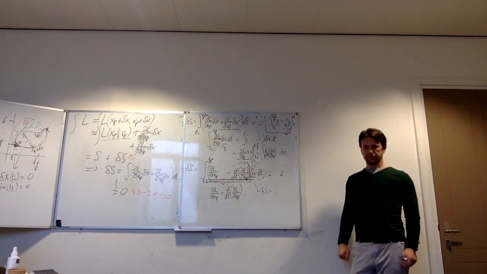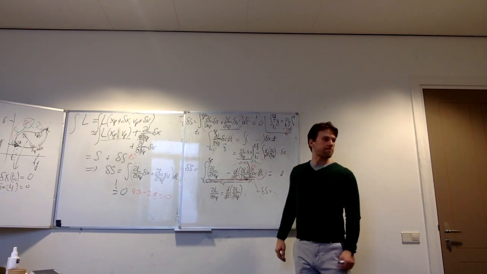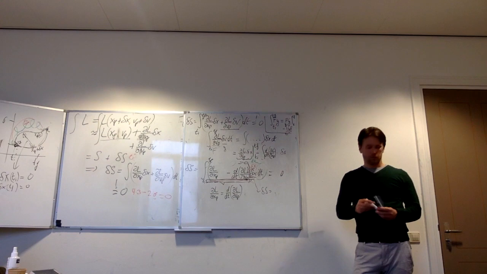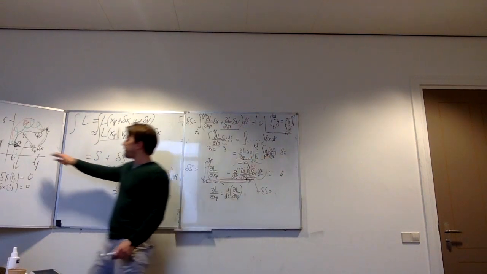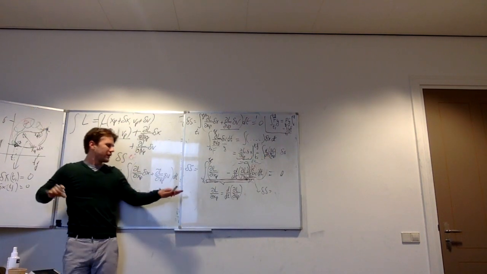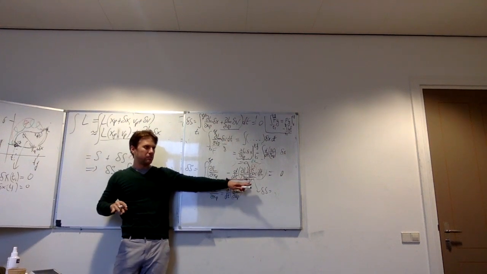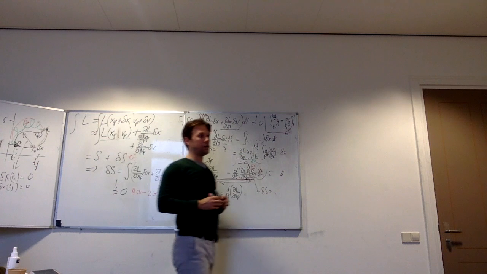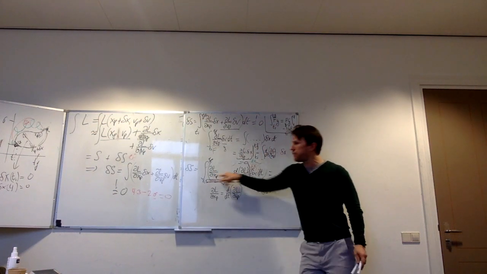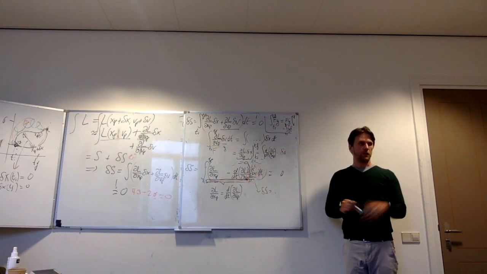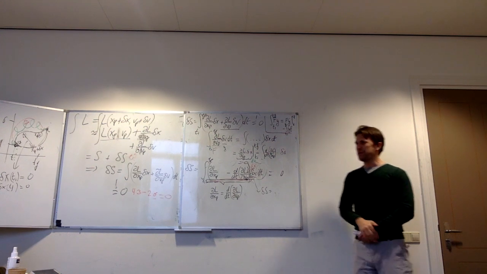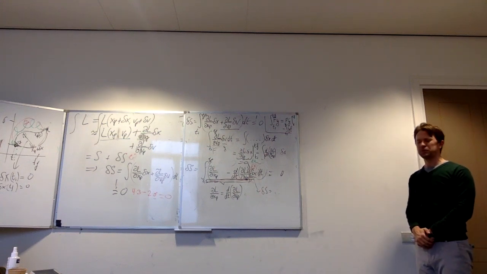Long story short, we cannot change delta x to fiddle the thing, since no matter what happens, it must be true for all delta x's. I'm sure there is one delta x somewhere for which it happens to come out 0. Yes. But it has to be true for unfiddled ones as well. And the only thing to make that work is to make sure that the thing in front is always 0. So that was the subtlety that somebody, a very specific person I'm not naming, I was expecting to say. It's meant as a compliment though.